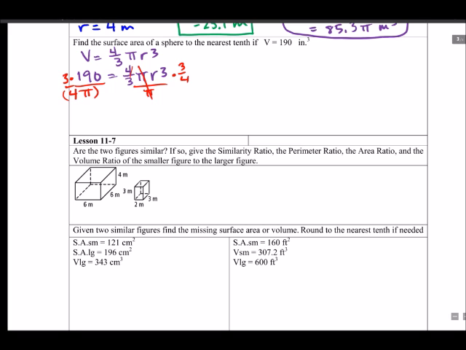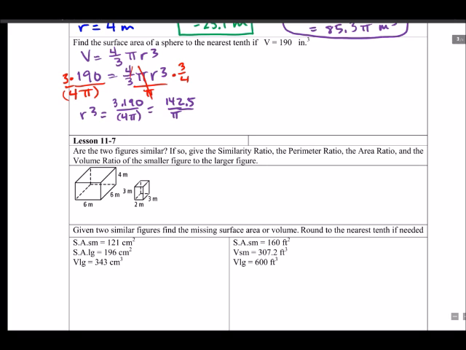And I am going to end up with r cubed equals, if I multiply all my numbers together, 3 times 190 divided by 4 pi, don't forget your parentheses, that equals 142.5 over pi.